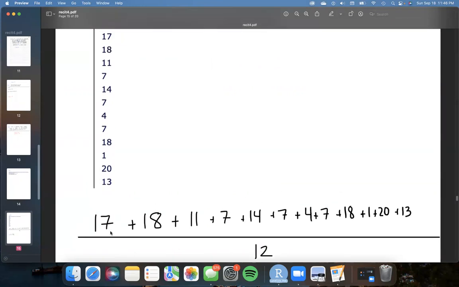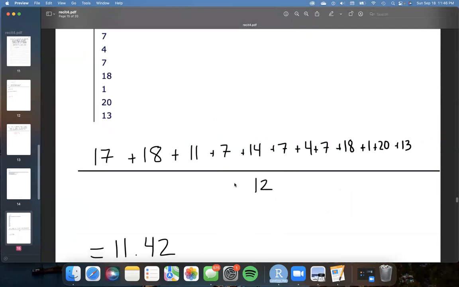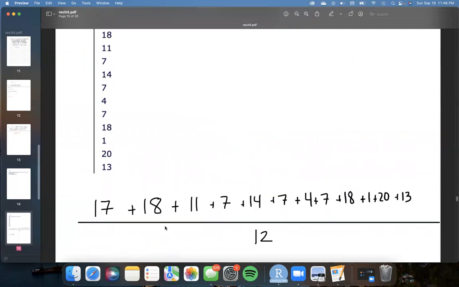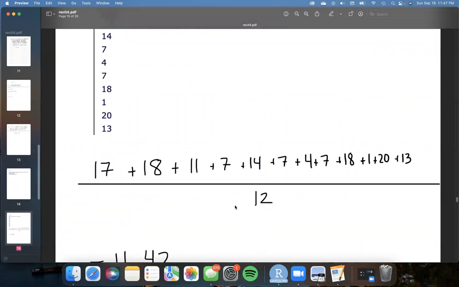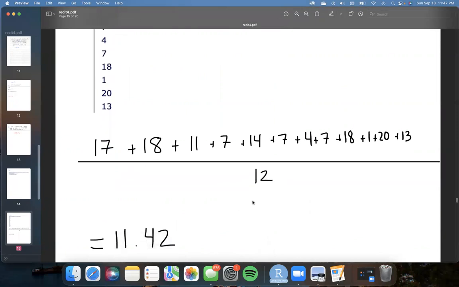So 17 plus 18 plus 11 plus 7 plus 14 plus 7 plus 4 plus 7 plus 18 plus 1 plus 20 plus 13 divided by 12 will give us 11.42. So your numbers may be a little different. The total number of numbers would go in the denominator.